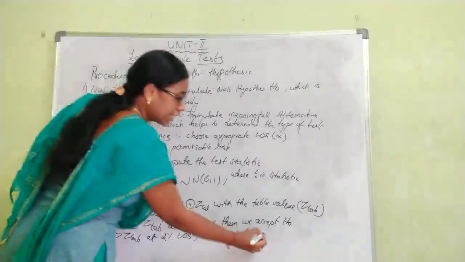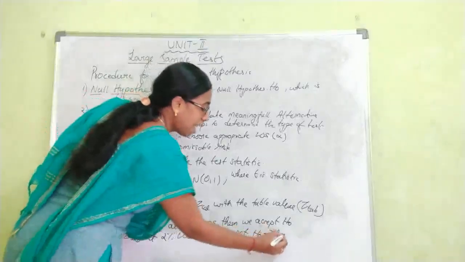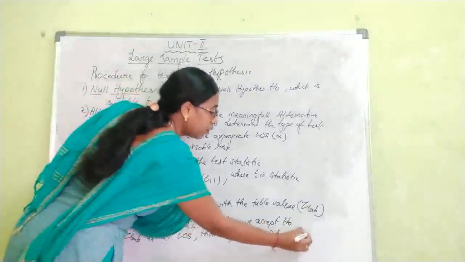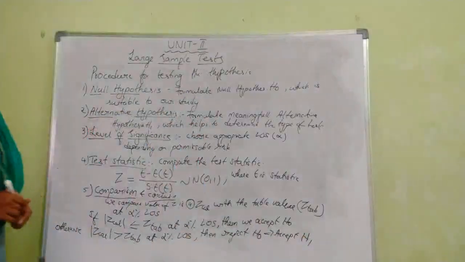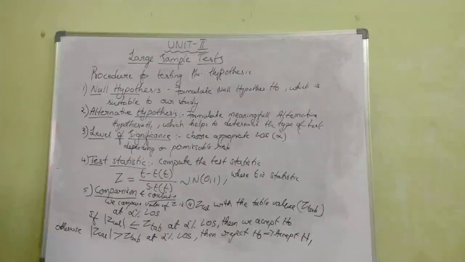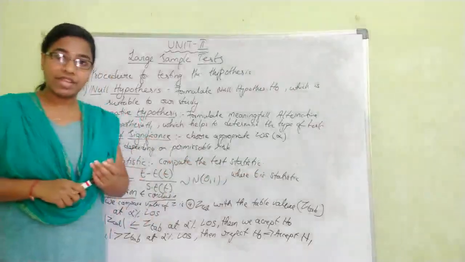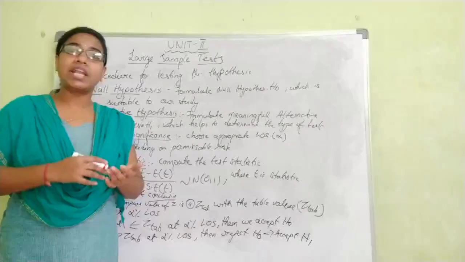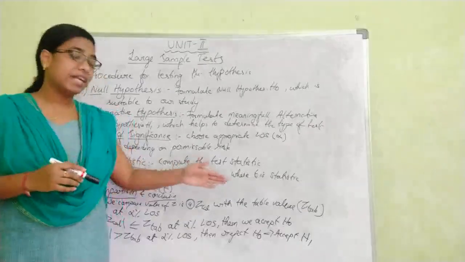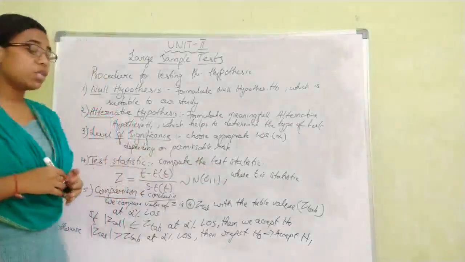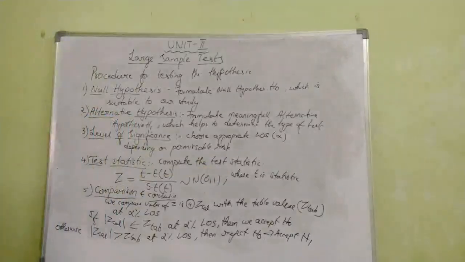Rejecting the null hypothesis means accepting the alternative hypothesis, that is H1. These are the different steps. In the next class I will give you the different table values based on the level of significance and on the one-tail or two-tail test. We'll discuss those table values in our next class.